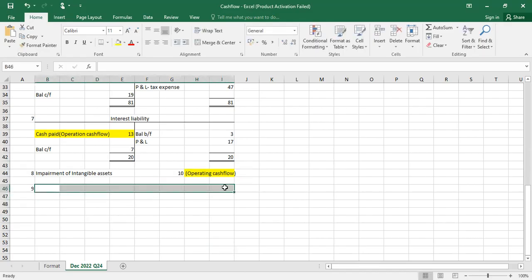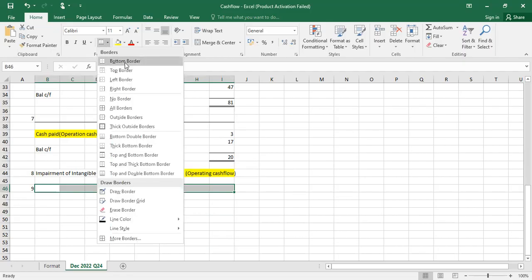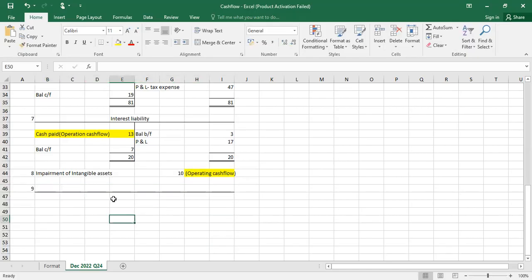I'll say that these are the financial assets through OCI account.